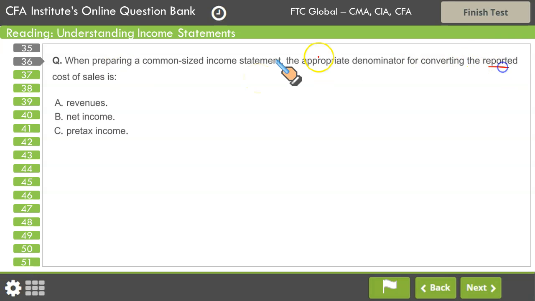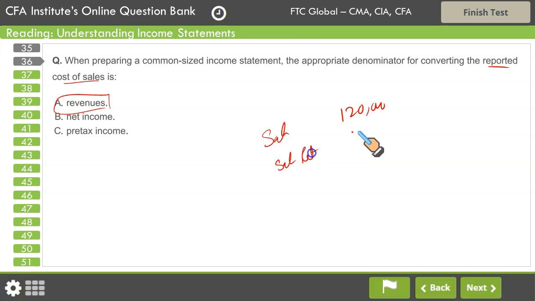Next, when preparing a common size income statement, the appropriate denominator for converting the reported cost of sales. All the elements of your income statement are expressed as a percentage of your revenue. Now, this is one important point. Let's say you have been given your sales as $120,000 and your sales returns as, let's say, $5,000. In that case, you do not take sales as a basis.